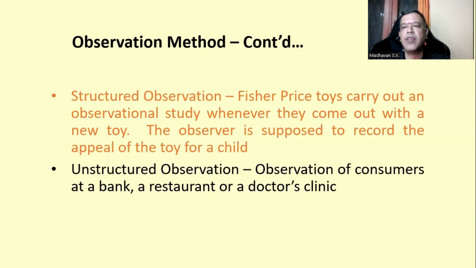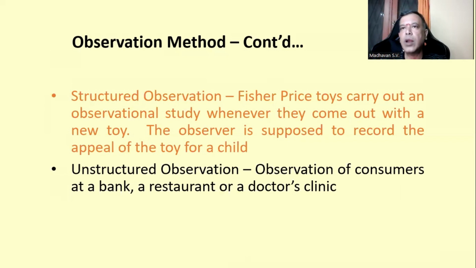There is a company called Fisher Price Toys. Generally when they bring in a new toy in the market, before going in for a full-fledged sale, they display their toy wherever they want to sell it, in a departmental store or in a mall or something like that. Then they put their observer and his job is to record the appeal of the toy for a child.